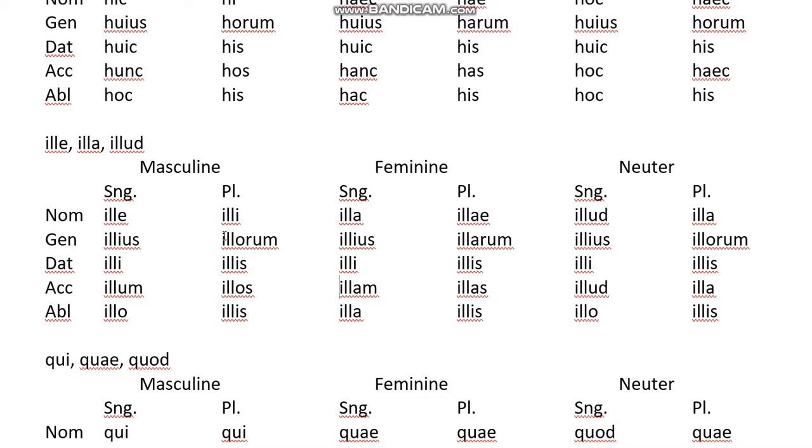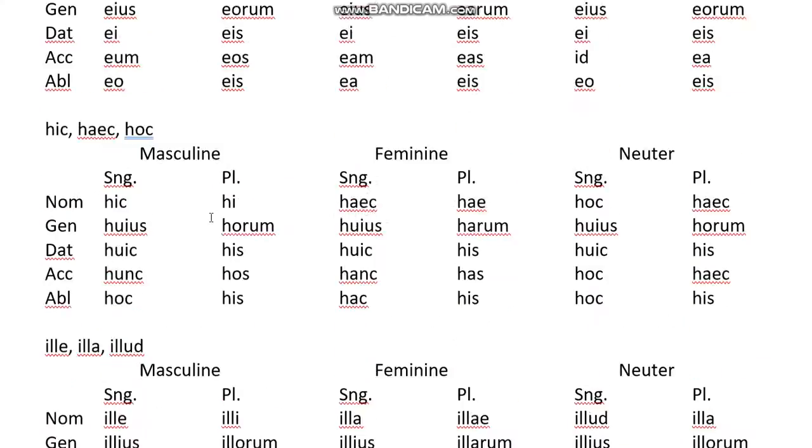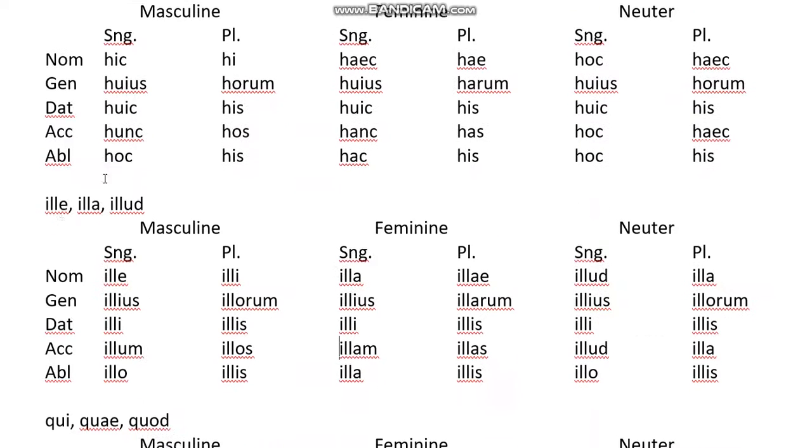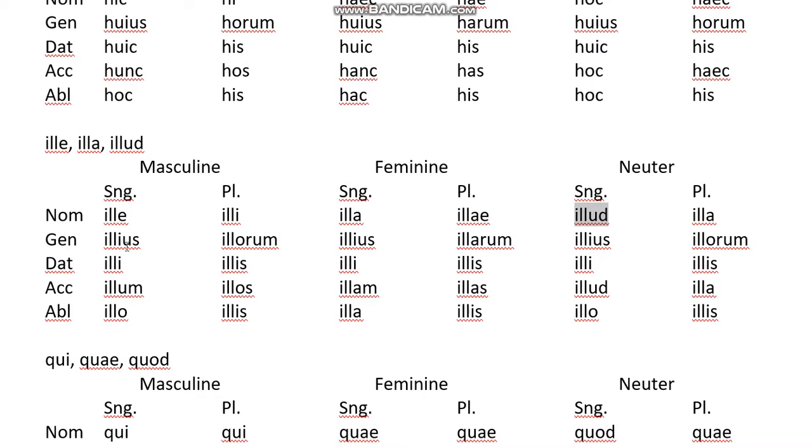The main difference between, say, at the very least, these two, is, ea, id and ille, illa, illud, is that the masculine and neuter singular nominative forms are a little weird.